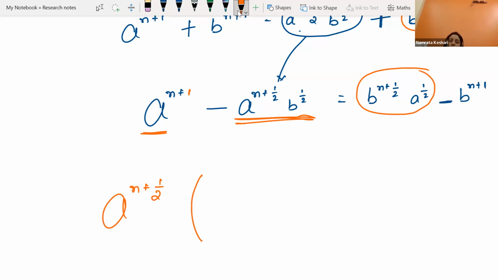Just a second, if we do it like this, then the chances are the bracket will get cancelled and we will end up getting a to the power n plus 1 by 2 equals b to the power n plus 1 by 2, and from there we would say a equals b, but we want to find the n value. Just a moment.